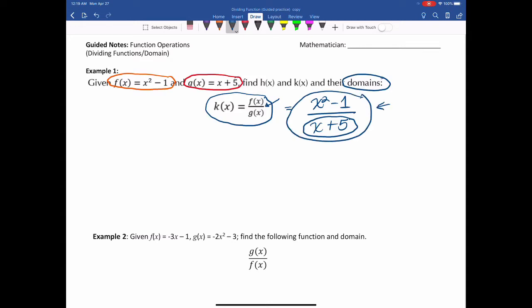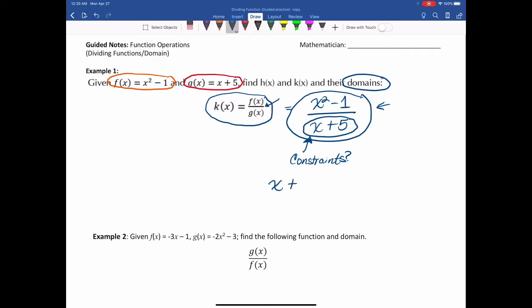We have to be very careful about, especially the denominator, what the constraints are. Remember, when we're talking about a fraction, the constraints are whatever makes the denominator equal to 0. If we have a 0 in the denominator, then we have something that's considered undefined, and we don't want to have that.